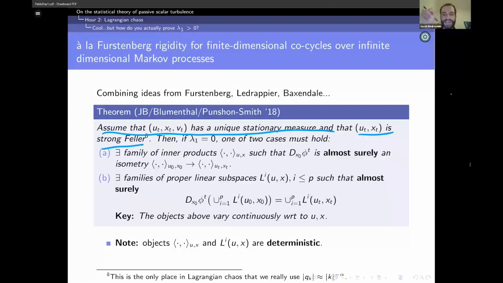this is the place where we actually really use this assumption about the noise. Everything else in the paper, we don't really need it. But this theorem is where we need it.